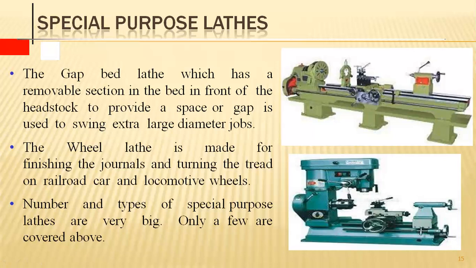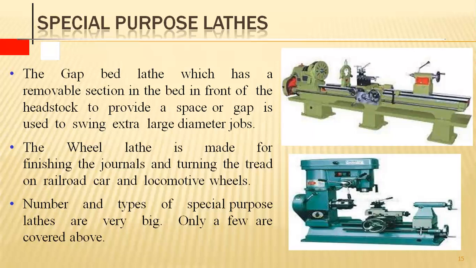Nominally placed with respect to the headstock, which provides a gap and allows swinging for extra diameters. A better advantage: if the diameter of the objects has increased, it can be varied with respect to the spindle arrangements. Hence, secondly the wheel lathe, which is made for finishing the journals and turning.